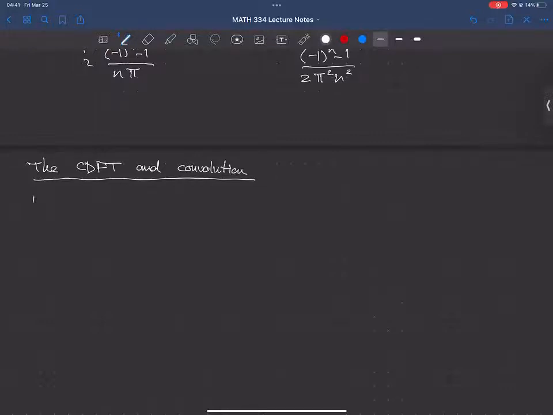So if f and g are in L1 per T. Now we hearken back to our discussion of convolution, and we remember that if f and g are in L1 per, then their periodic convolution exists.